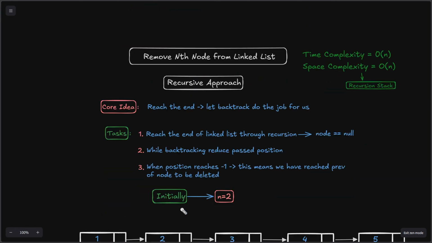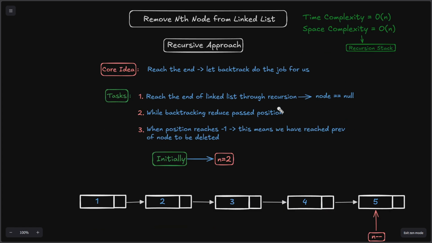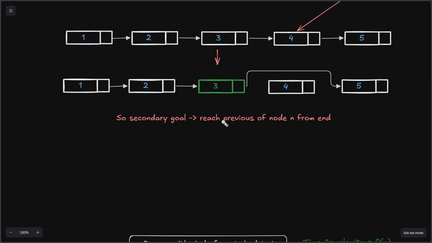So you can see our task here will be to first reach the end of the linked list through recursion, and for that the base case is going to be node equals null. Then while backtracking we'll reduce the passed position. We'll pass a variable named position and we'll reduce it until we reach position -1, because we have to reach the previous of our position.